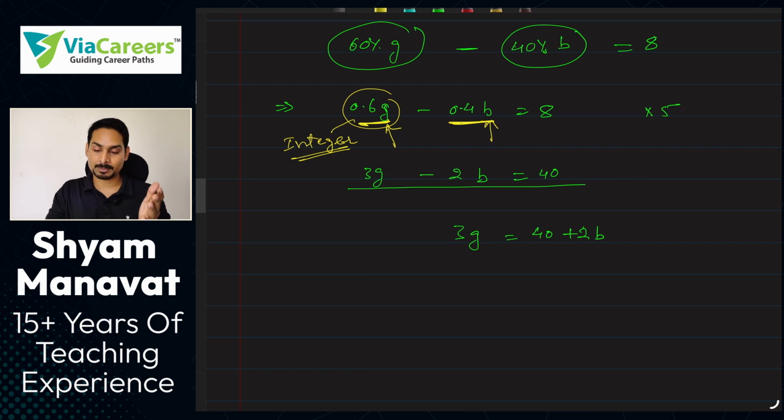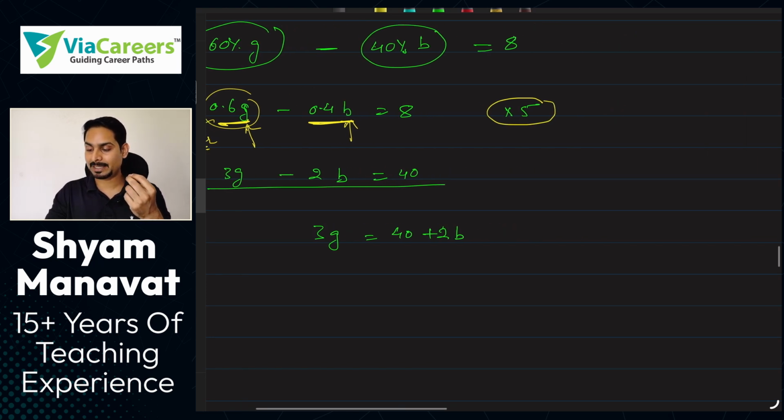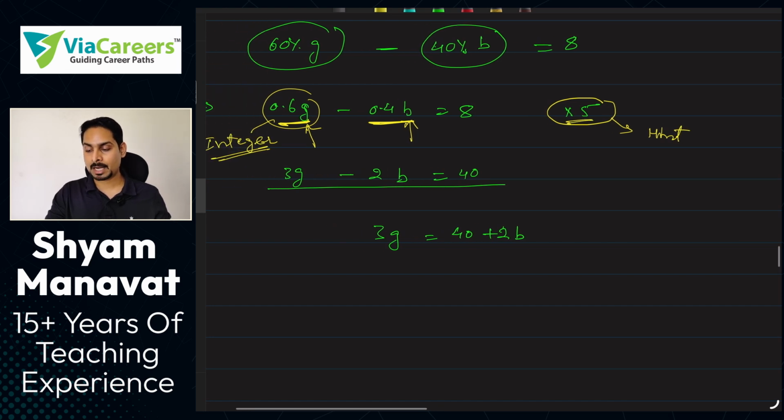It is also about having 0.6 g as an integer and 0.4 of b as an integer. Okay, we have to keep this in mind too. And remember, to get the least integers we multiplied by 5. So from here we get a hint. What is the hint? If we can have it as a multiple of 5, then it will be easy for us to get the integer value.